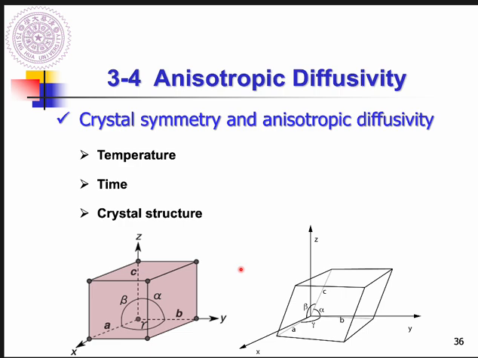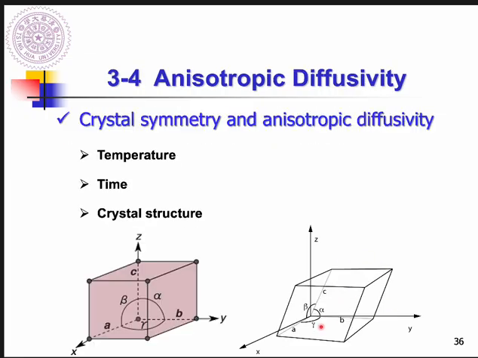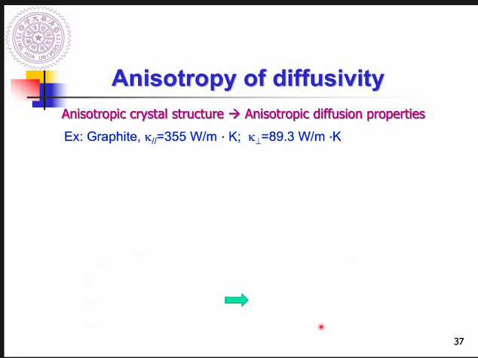But how does it affect? Let me give you an example here. Sometimes we will have an anisotropic crystal structure like this. This is quite typical. That will lead to anisotropic diffusion properties.